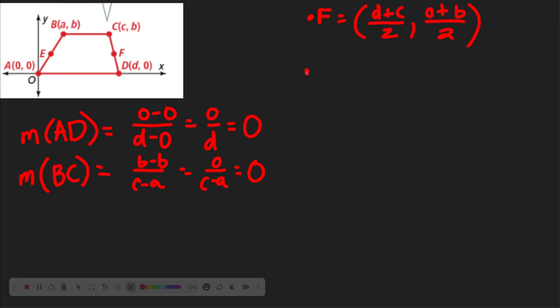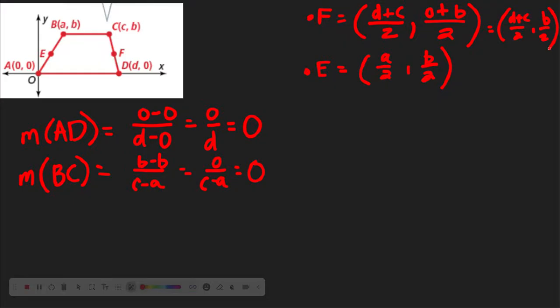And point E, similarly, is going to be A over 2 and B over 2. Keep in mind, this is D plus C over 2, comma, B over 2.